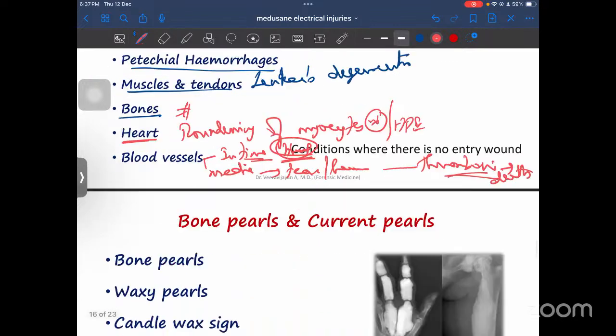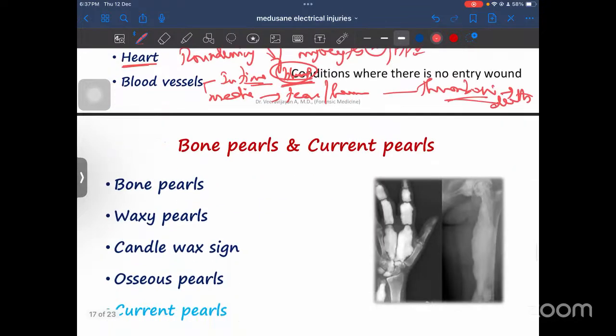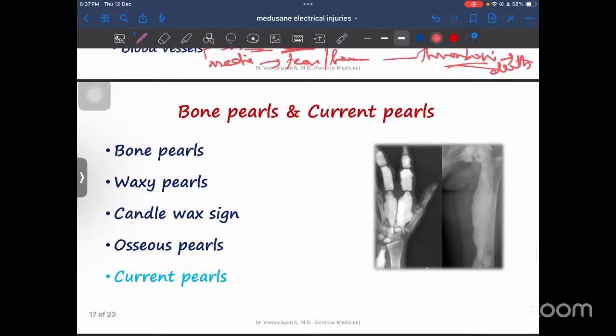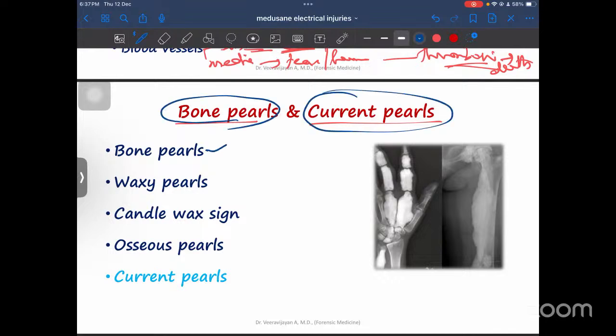Then in bones, I have said it produces bone pearls. Here we have to understand the difference between bone pearl and current pearl. There are two entities. One is the bone pearl, another one is the current pearl. Bone pearl, waxy pearl, candle wax, arterial spur. These four are the same term.